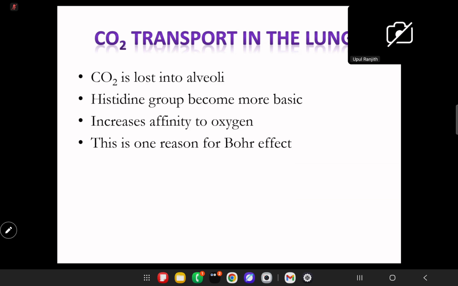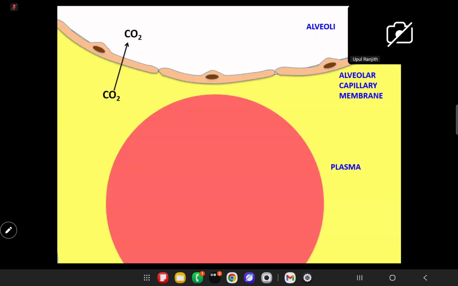Therefore, it increases affinity for oxygen. This is one reason for the Bohr effect, right? When the carbon dioxide is lost from the hemoglobin into the alveoli, it will increase the affinity of oxygen to hemoglobin. So this is what happens in the lung.